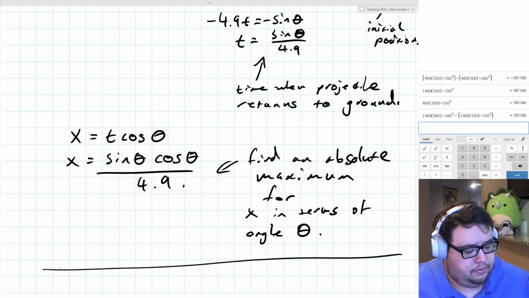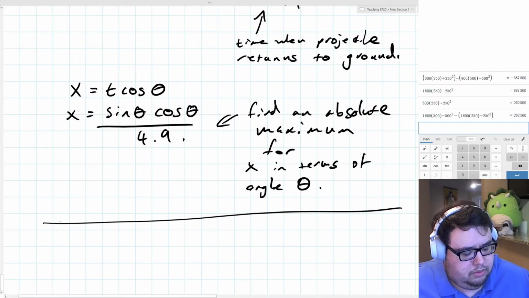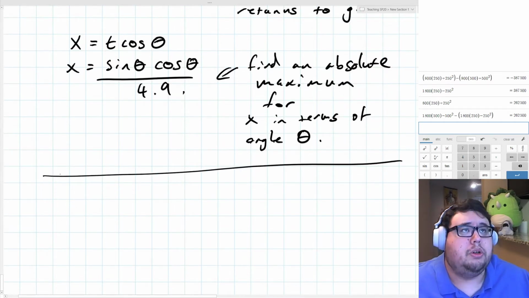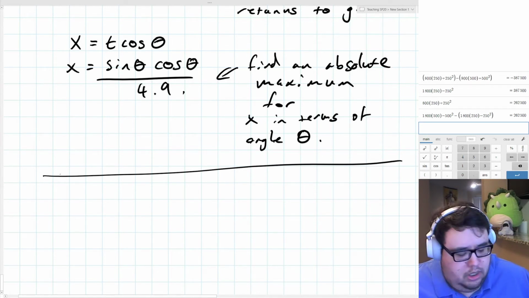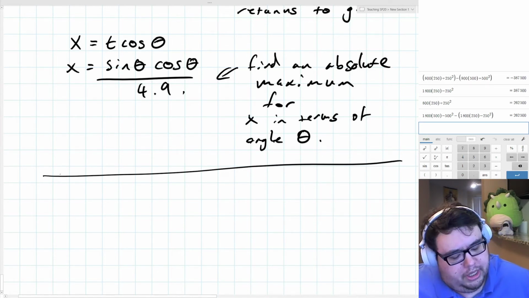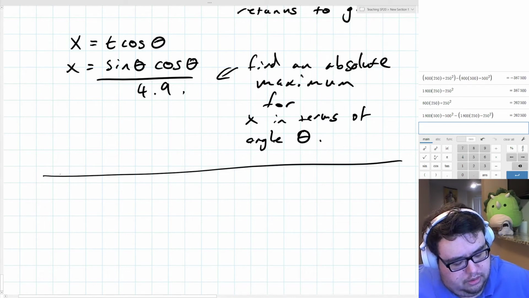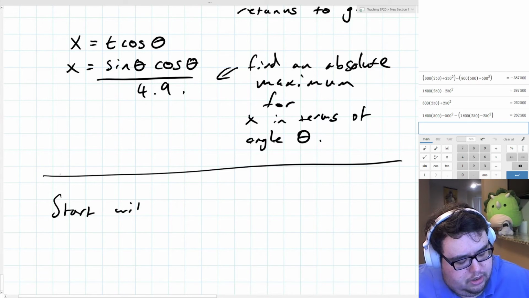Okay? So I will also post a couple of application problems, and I will post a review guide after that. But start with this optimization.